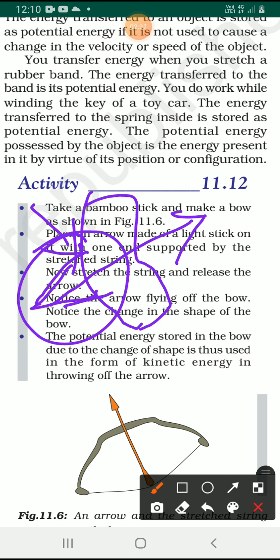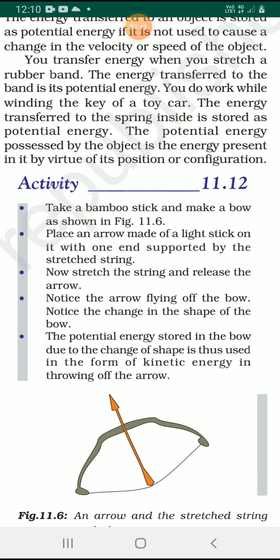This stagnant energy we call potential energy, which in short we write as PE. Kinetic energy we have discussed as half mv square, and discussed a few numericals based on that, right?